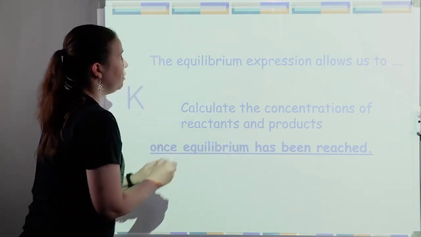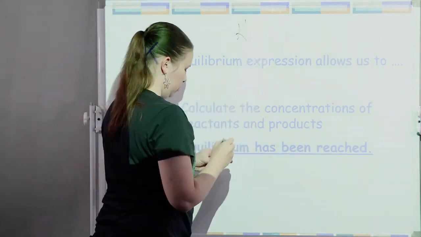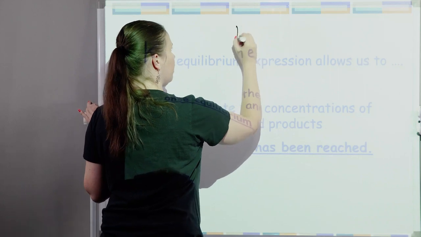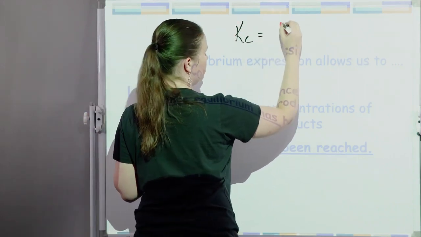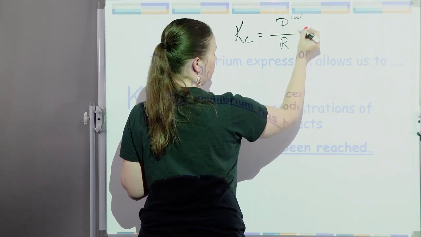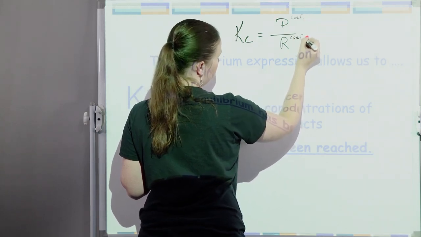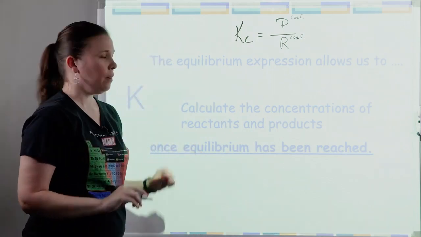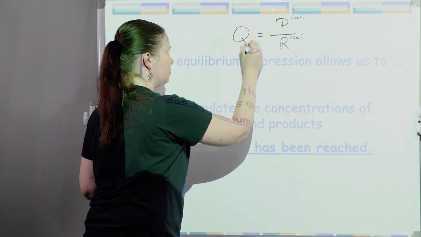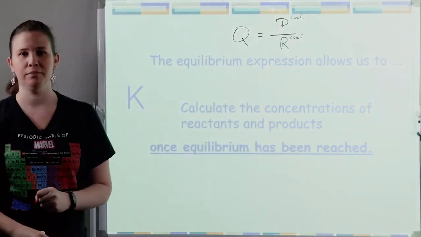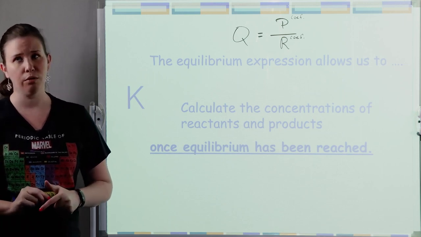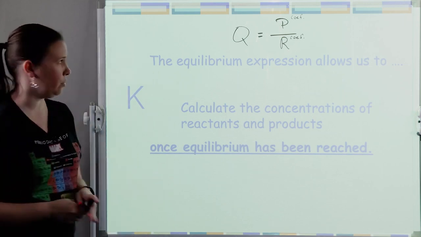So let me recap that formula: Kc equals product over reactant, where the coefficient is our exponent. The reaction quotient is the same thing. The catch is, it's just not at equilibrium. Or I should say, not necessarily at equilibrium.